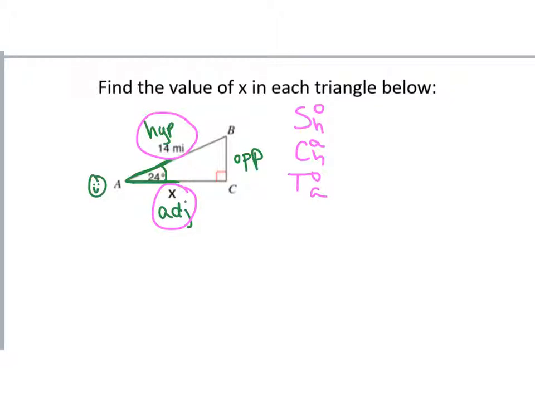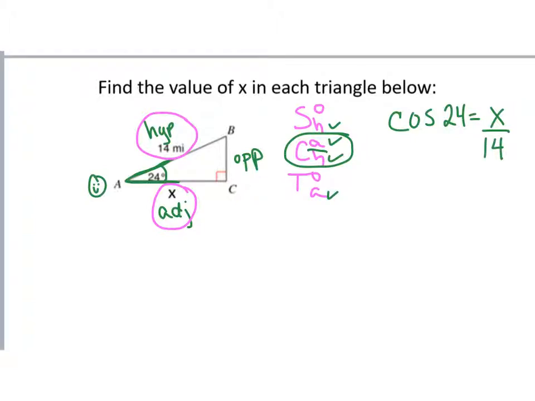I have circled the hypotenuse, and I have circled adjacent. So the trig function that has two check marks is my cosine. Cosine, I'm standing at 24 degrees, equals A over H. My A is X, and my H is 14.